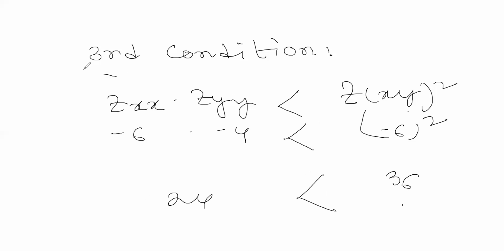Now, the third condition says z of xx into z of yy has to be greater than z of xy square. But what do we get here? A less than sign. Is the third condition satisfied? No, not satisfied. If not satisfied, then it has already fallen under the exception concept.